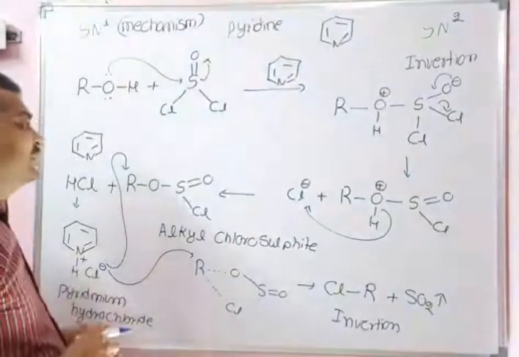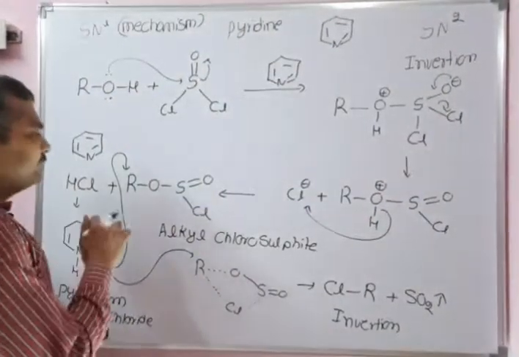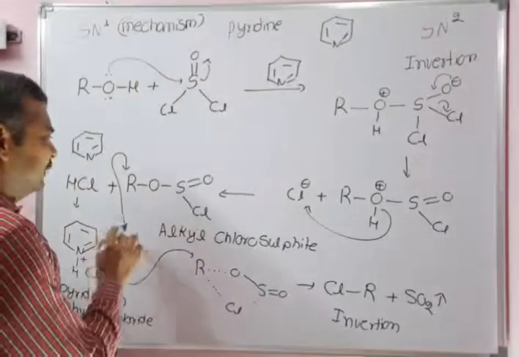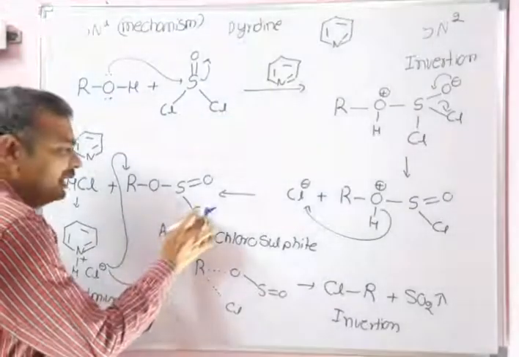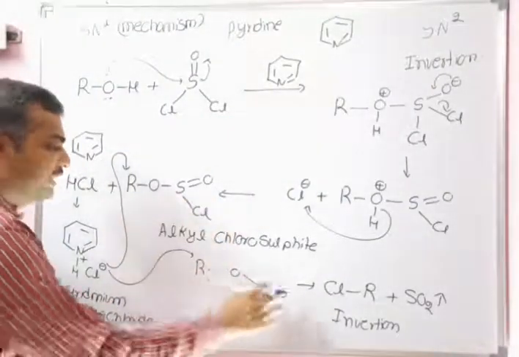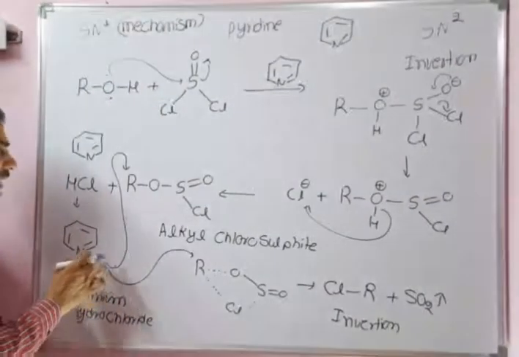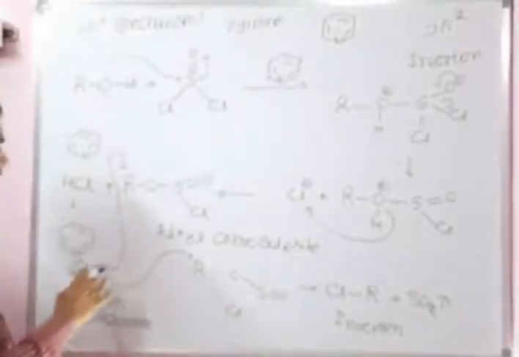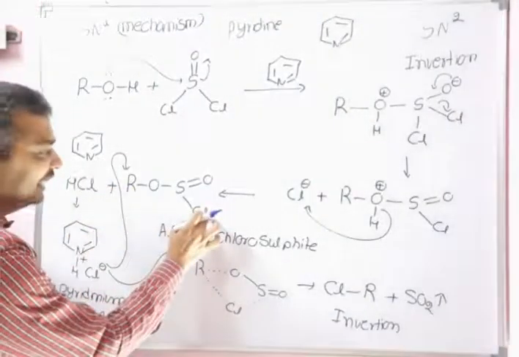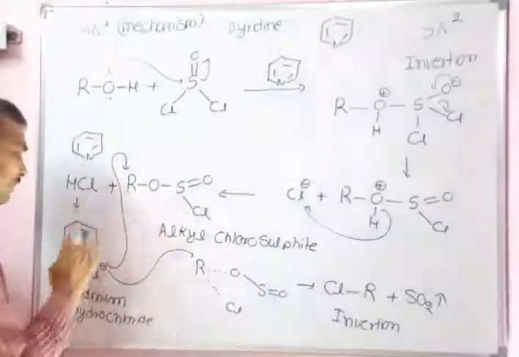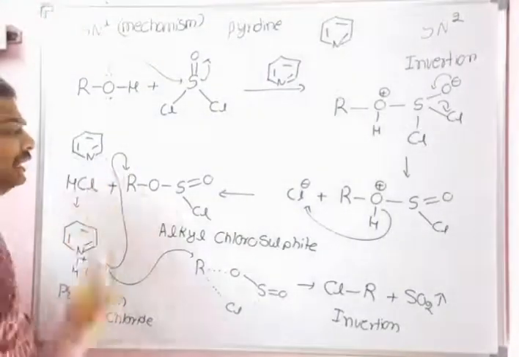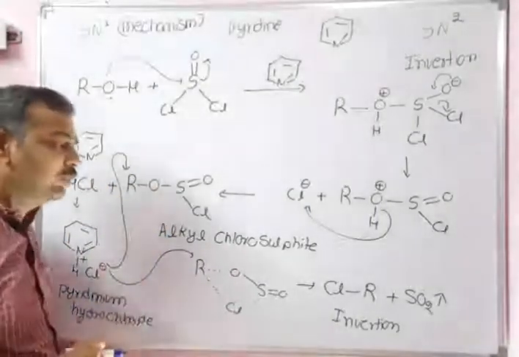We can also explain this with another mechanism. This pyridine may combine here. In that case also Cl minus, because pyridine hydrochloride means that is a Cl minus ion, will attack from the backside only. In either case, whether pyridine hydrochloride here or pyridine attacks here, the Cl minus from the pyridine hydrochloride will attack at the backside with respect to the OSO2 group.